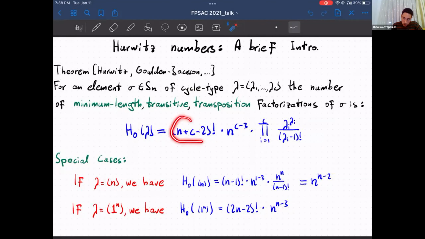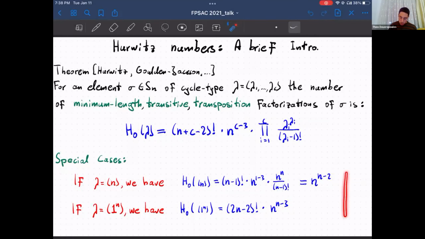We have a big factorial at the beginning, and the number n plus c minus 2 turns out to be the minimum number of transpositions needed, so this is in fact the length of the factorization. Then you have this n to the c minus 3 that should remind you of counting trees or cacti in a certain sense. And then you have some nice product formula with the lambda i's.